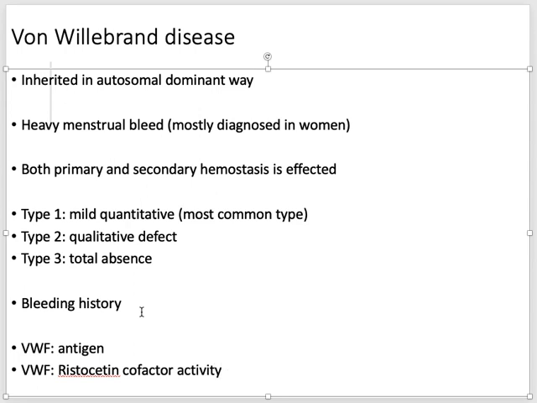This test will give us the activity, how much von Willebrand factor is binding with platelets. And von Willebrand factor needs factor 8 to work.